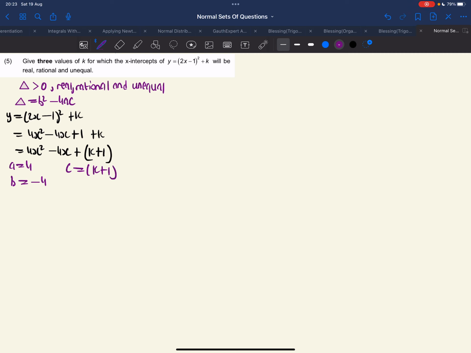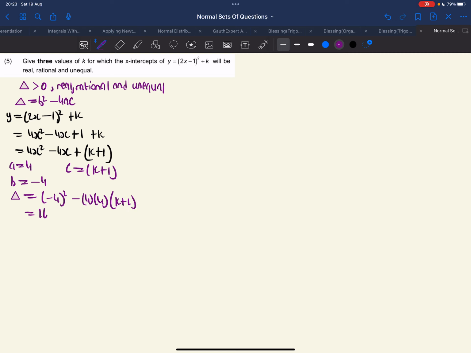Right, so now we can substitute a, b, and c into the discriminant formula. The discriminant equals (-4)² - 4 times 4 times (k + 1).